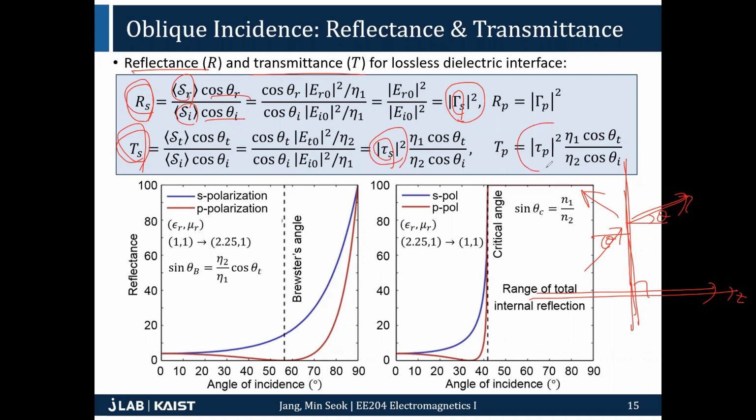You have not only the square term, but also these terms, which take into account the Poynting vector calculation and also the angles of the incident wave and the transmitted wave.